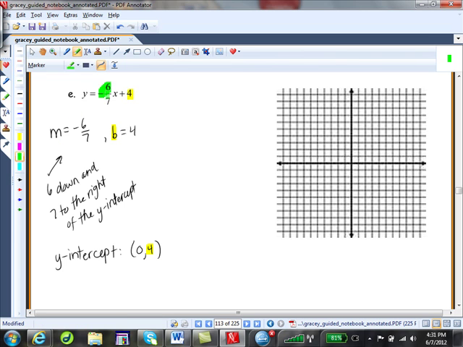And this is how we found the slope. Okay. So here's our x and our y.